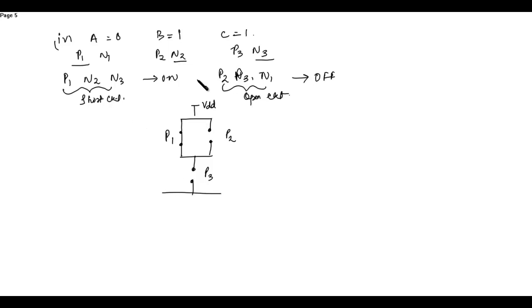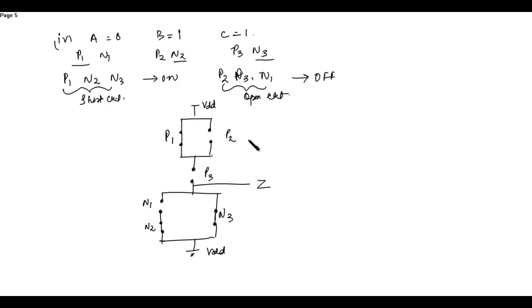Now N1 is off, so open circuit. N2 is on, so represented by short circuit. N3 is also on, so represented by short circuit. So this is N3 and this is the output Z.